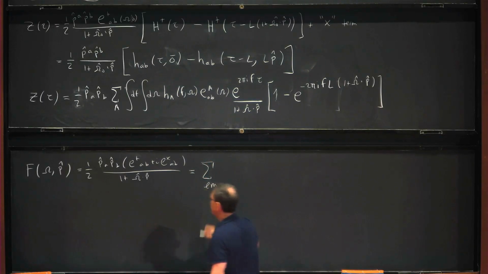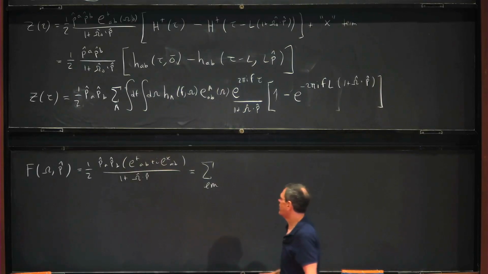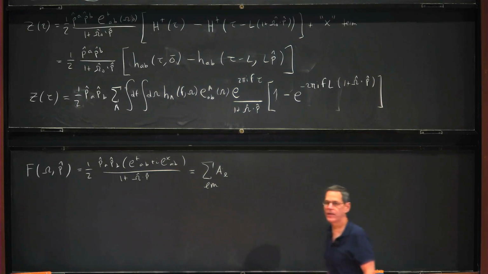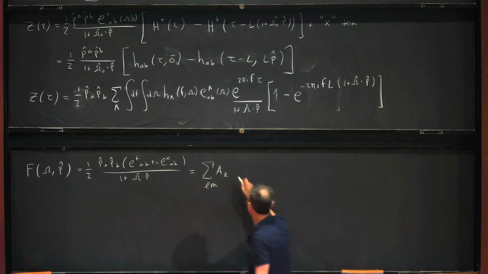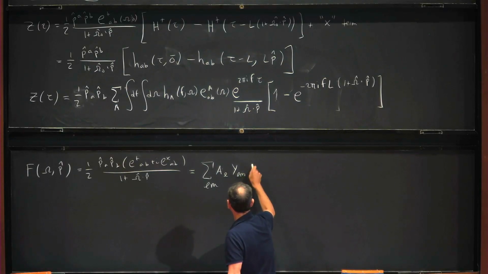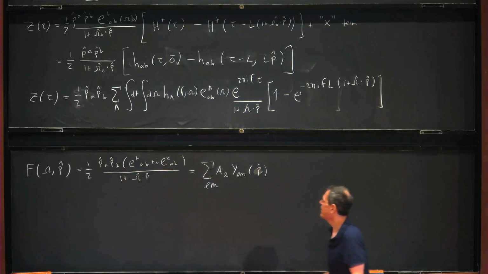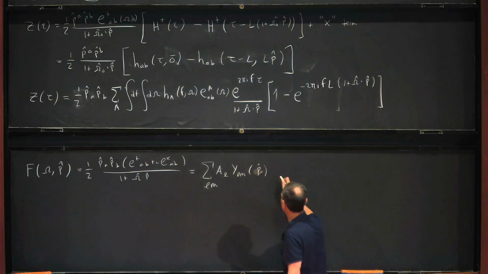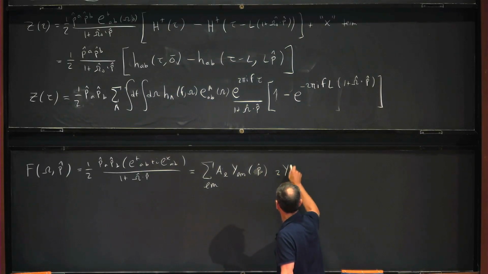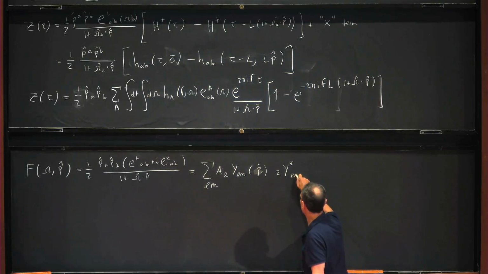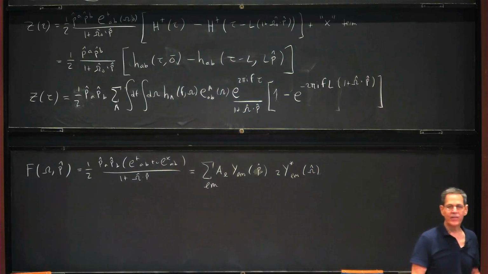It can be written as a sum over spherical harmonics of a set of coefficients that only depend upon L, not upon M, times spherical harmonics that depend only on the direction of the pulsar. And now here's the fun part. Times spherical harmonics of spin weight 2 that depend only on the gravitational wave direction.